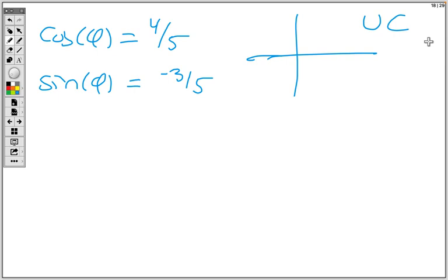If cosine is positive but sine is negative, what quadrant am I in? So remember, cosine is x, sine is y. So if cosine is positive, sine is negative, that's going to put me here.